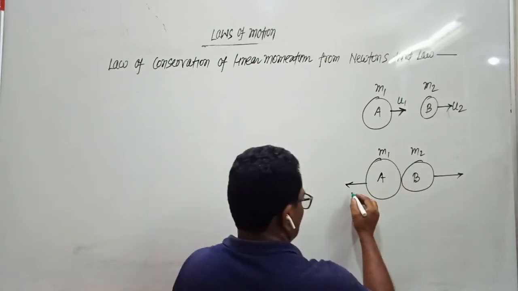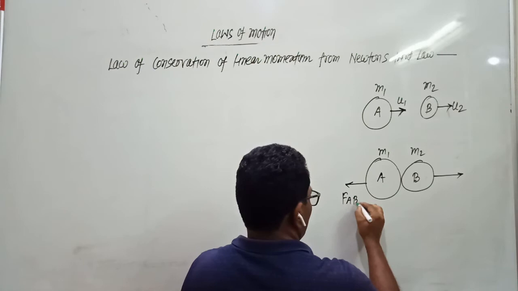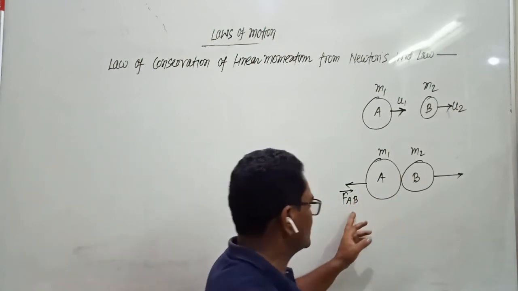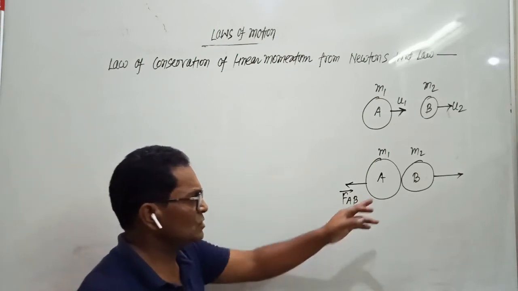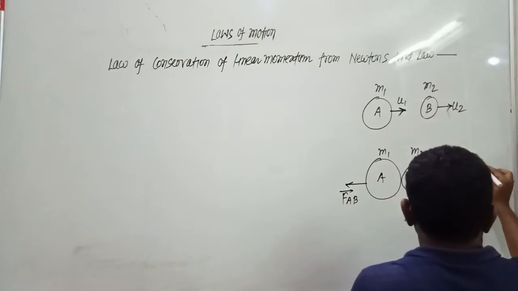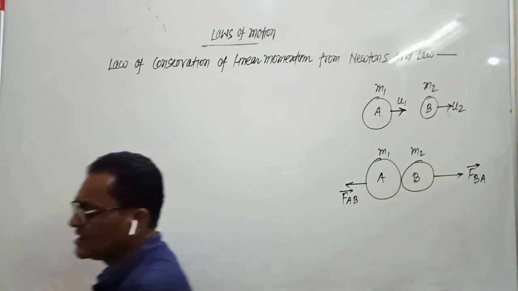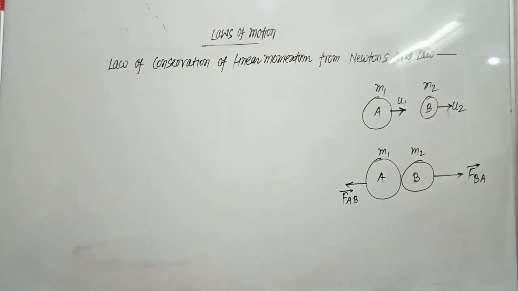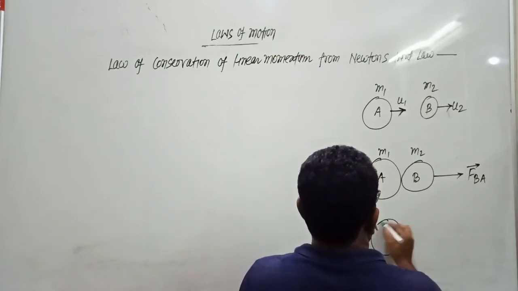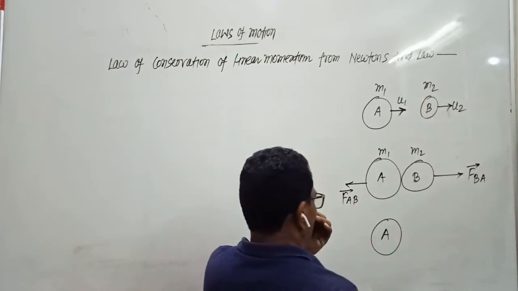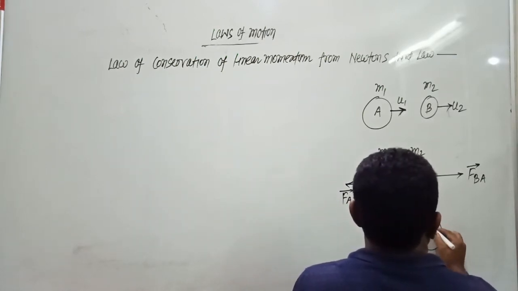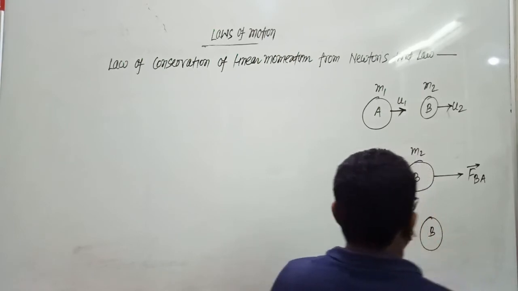This is force AB, the force acting on body A due to body B, and this is force BA, the force acting on body B due to body A. And the third condition is that after collision they start moving with different velocities.